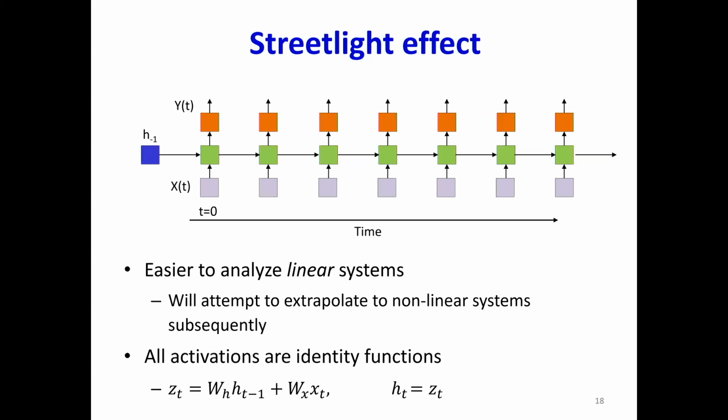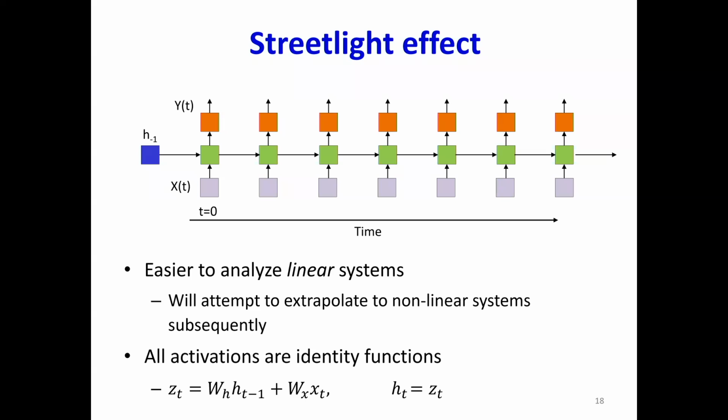So I'm going to analyze a linear system. By linear system, I mean that my activations in the green boxes are linear. I'm just computing an affine function at each stage, and having computed an affine function, I'm not doing any other processing. This is just an identity transform. The activation in each box is an identity transform.